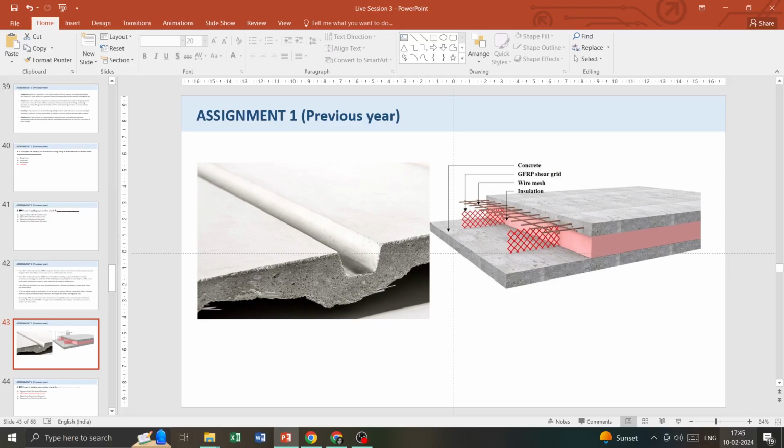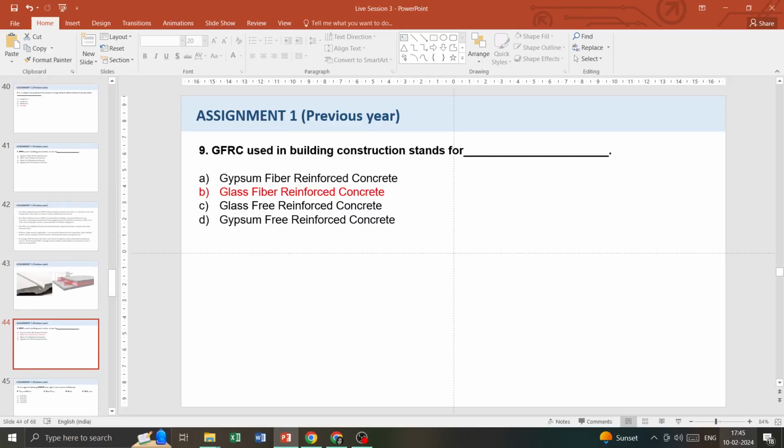There's concrete and then there is some GFRC either added in the form of mesh, for example in image 2, or in the form of threads. For example, in image 1 you can see some threads coming out. So it can be added in the form of long threads or in the form of mesh. So our answer is glass fiber reinforced concrete.